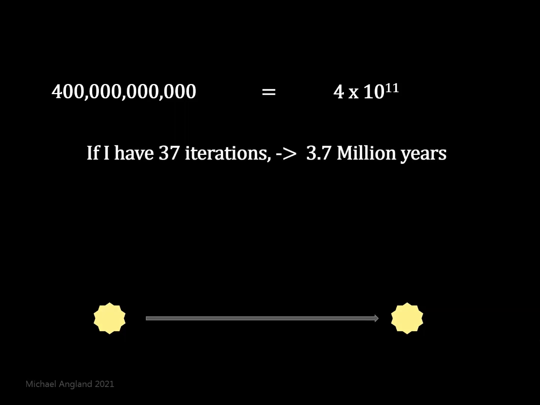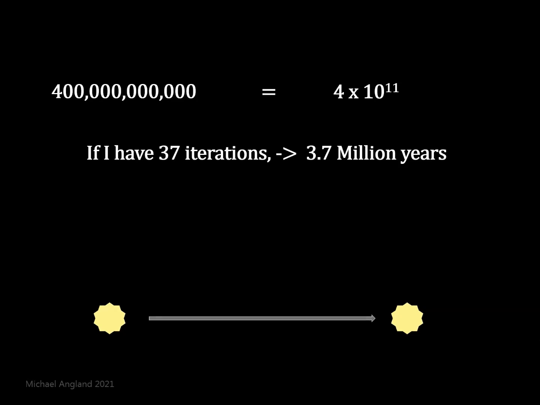And there are 37 successive journeys in order to populate the galaxy. So that means 37 times 100,000, which gives us 3.7 million years, and that's to reach every star system within our galaxy.